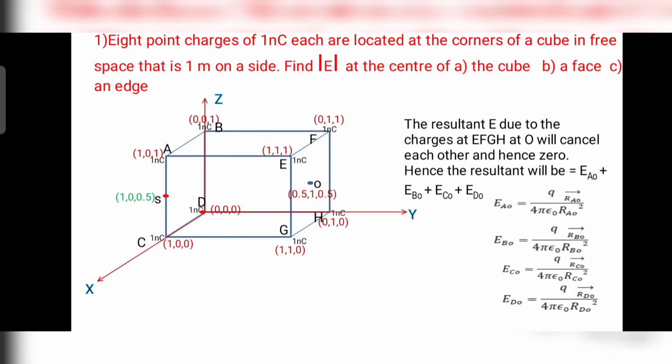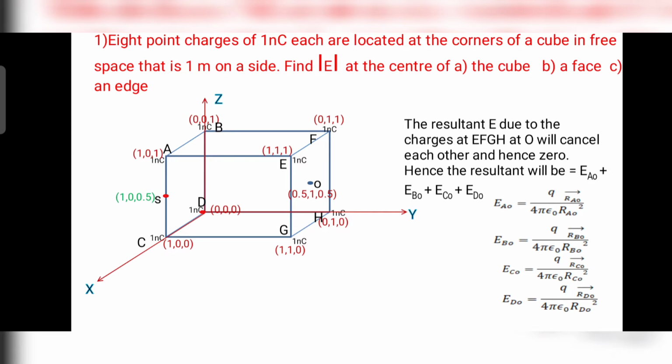Next we shall find the electric field intensity at the center of the face. Here, the center of the face means I am going to consider point O. You can see point O here. At this point we have to find the electric field intensity because of the other charges.